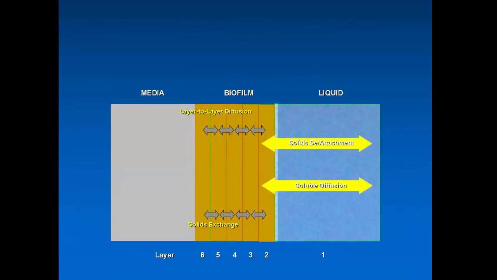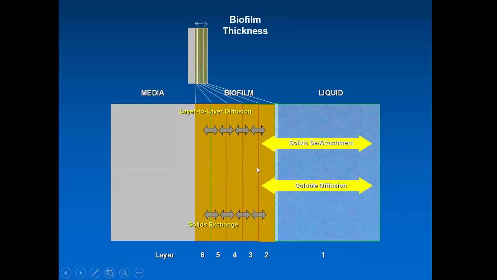Okay, so how do we then get to that maximum biofilm thickness? It's a very straightforward calculation for us to take, as I was showing you before, the concentrations that we have for each of these layers, all of those concentrations of the biomass and the particulate substrate and anything else, the inert material that's going on in there, that gives us a total mass of solids in each one of these reactors.